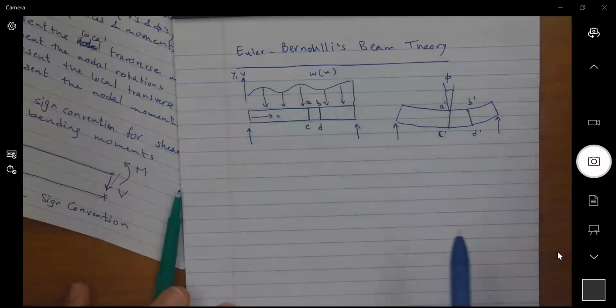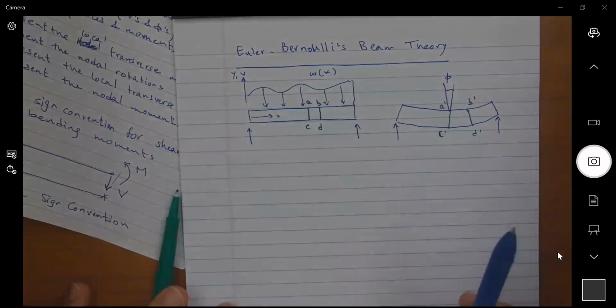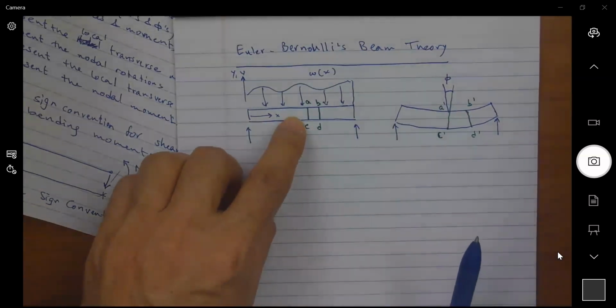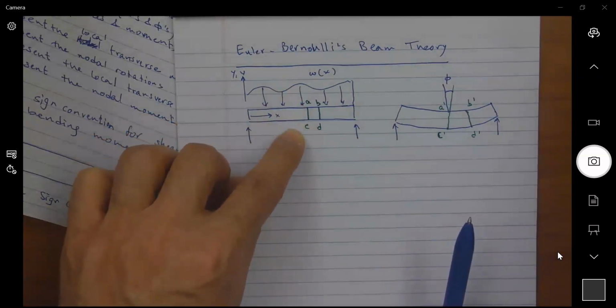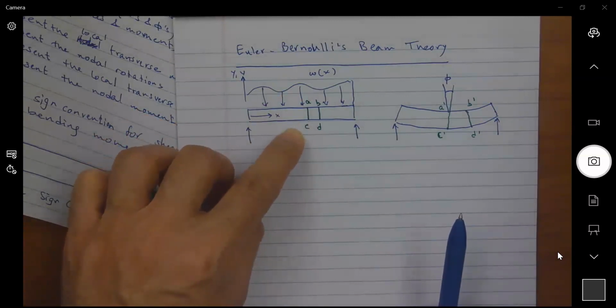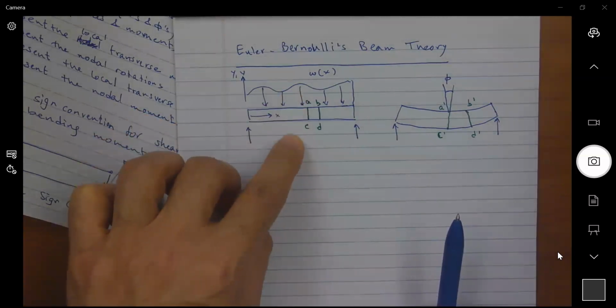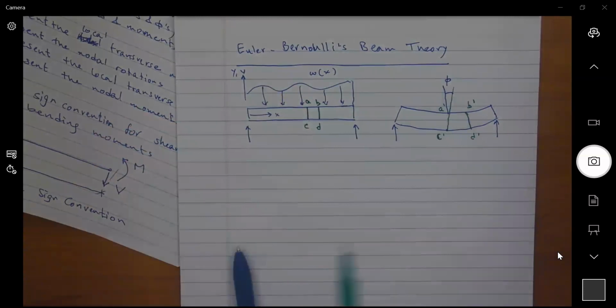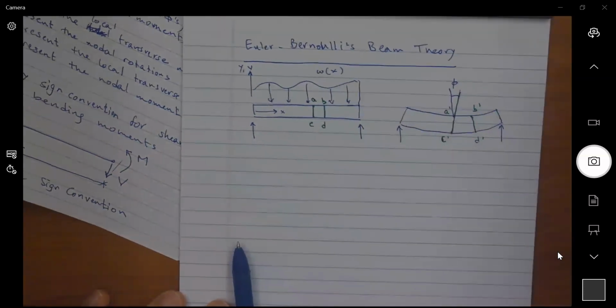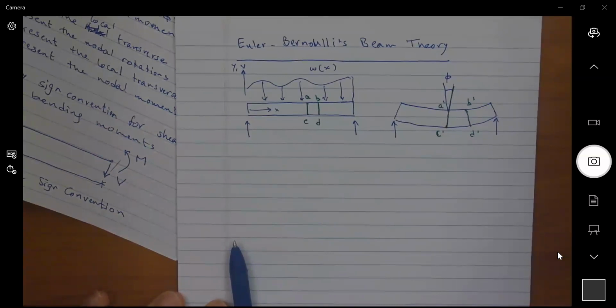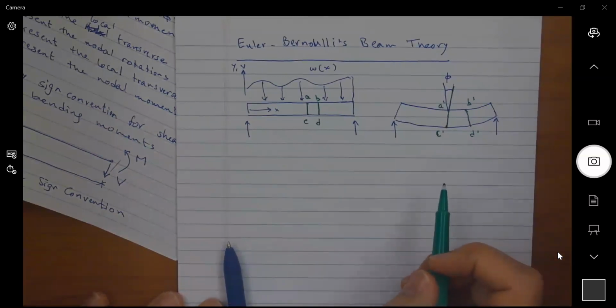What did the beam theory state? That the plane cross section perpendicular to the longitudinal centroidal axis of the beam before bending remains plane. So this green line remains a plane and remains perpendicular to the axis after bending.